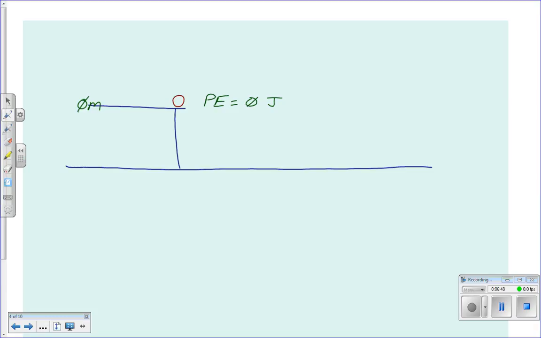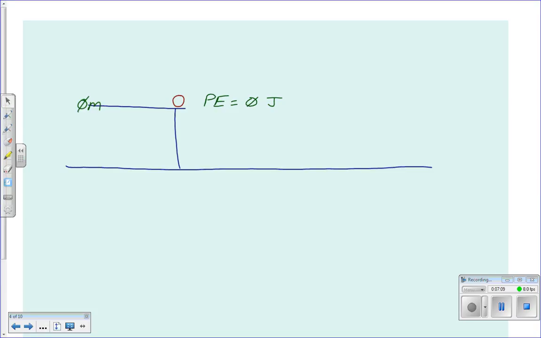Energy, because it takes work to change an object's energy, energy and work are measured in the same unit, joules. So if the object is sitting on the table and we choose the tabletop to be the reference level, then right there the object has zero potential energy.